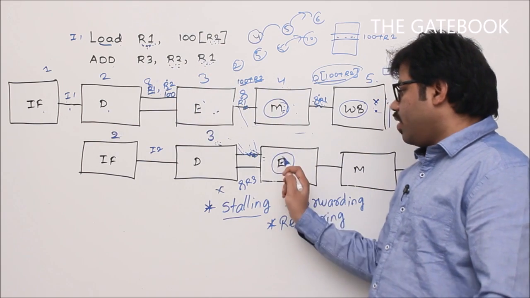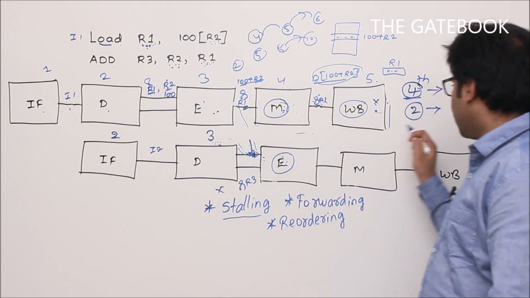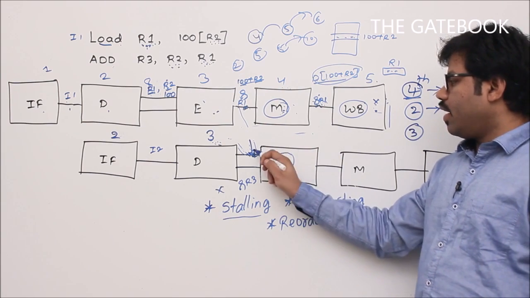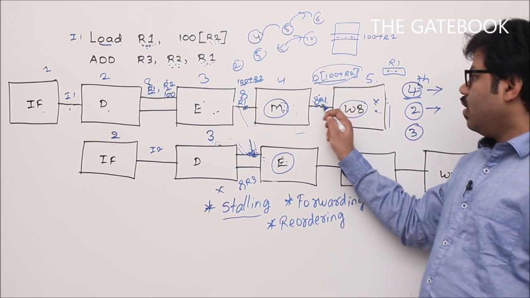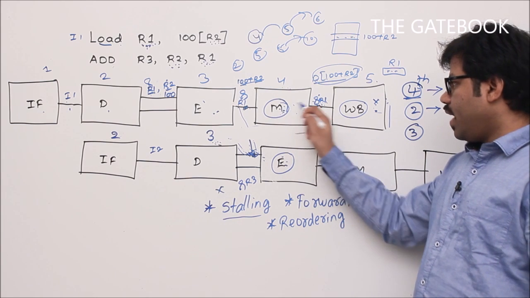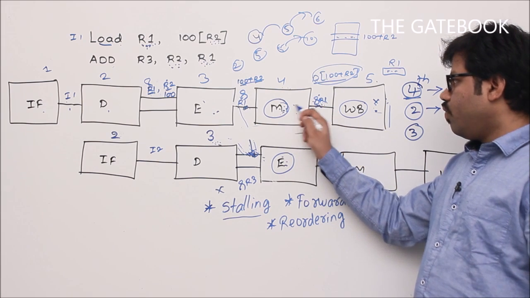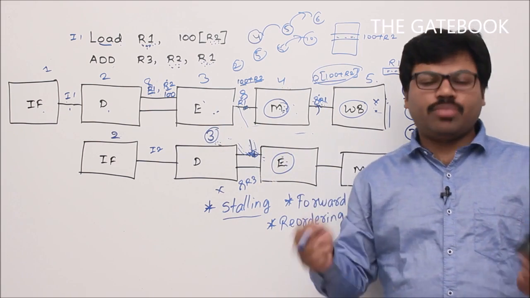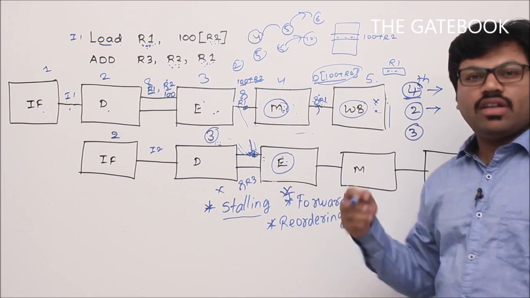For that R1 is required, so here you need an input, right? That means at the end of the 3rd clock cycle at least you require data. Somehow, if by forwarding you can get the data here, that will be cool. But it is not possible, because through memory access R1 gets the data only after the 4th clock cycle, but you require it after the 3rd clock cycle, so that is impossible. That's why forwarding will definitely not work. That is what I said, okay?